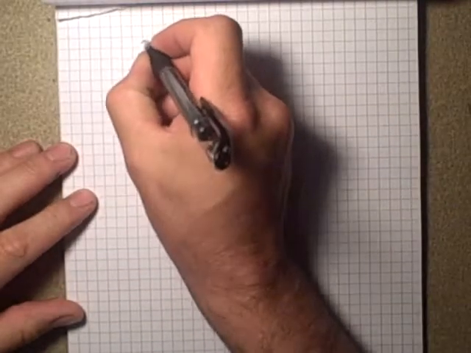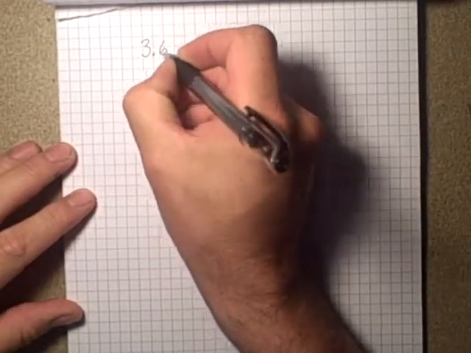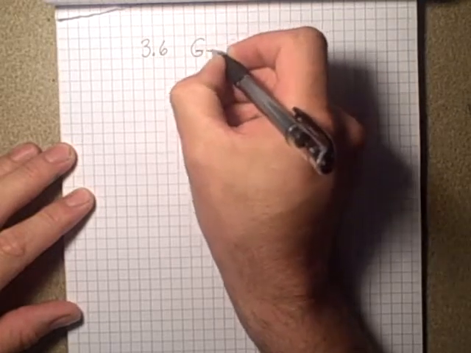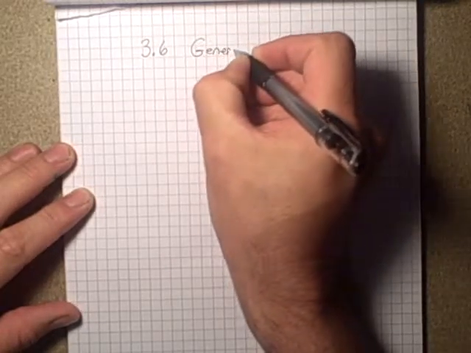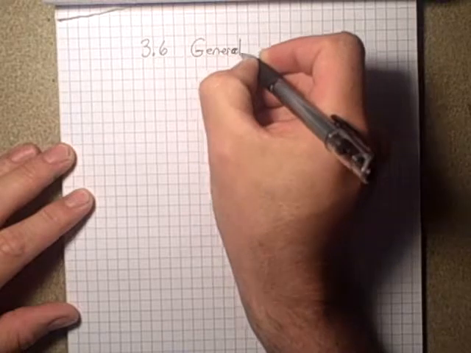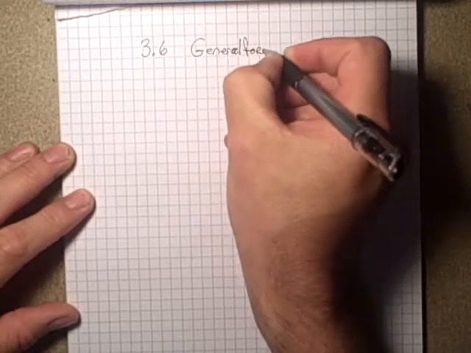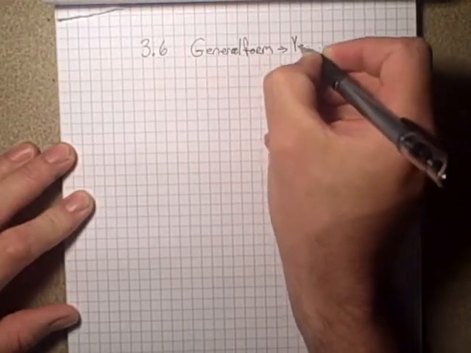Okay, this video is going to be for section 3.6, finding or converting from the general form to the vertex graphing form in the quadratic equations. So going from general form to the vertex graphing form.